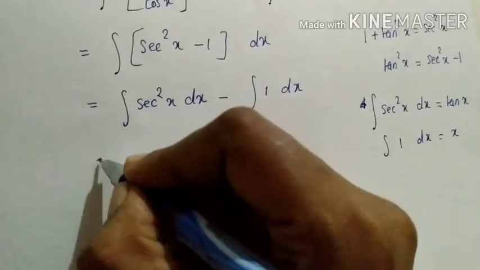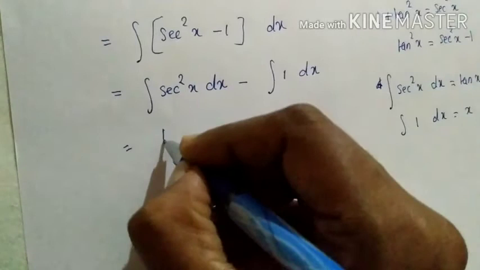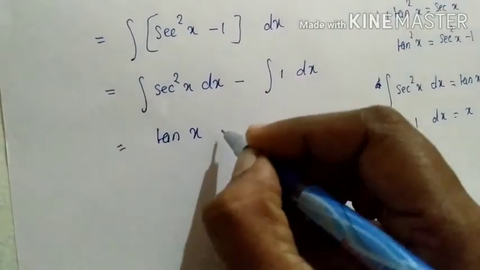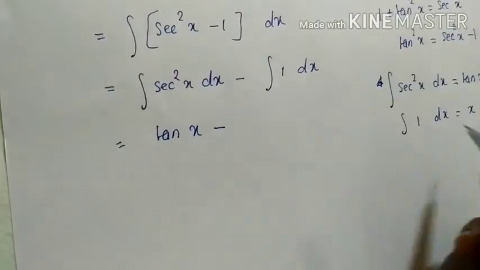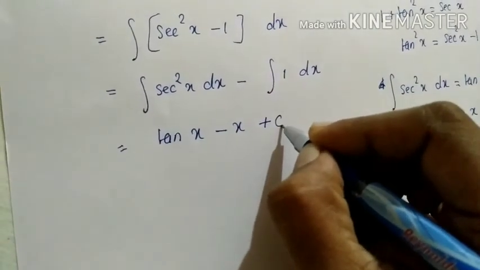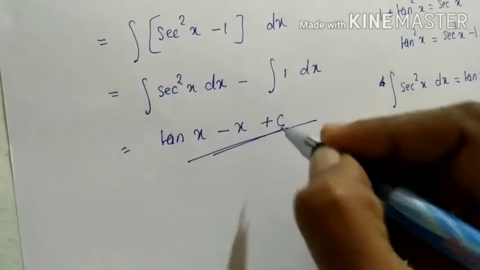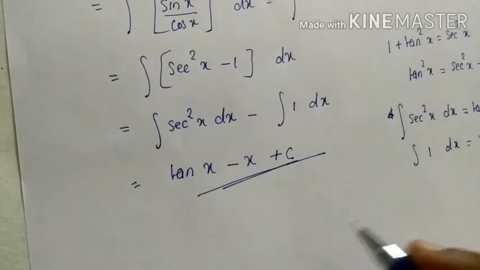So replacing integral sec square x dx by tan x, minus, and integral 1 dx is x, and also write plus c, that means a constant. So this is our final answer. Okay, I hope you understood.